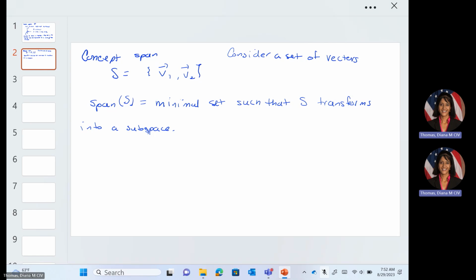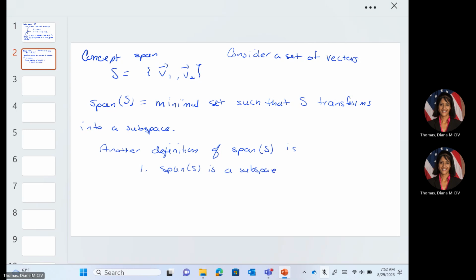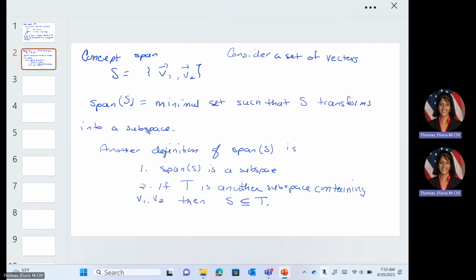It turns out that is true, but actually another definition of span is that it's the minimal one.